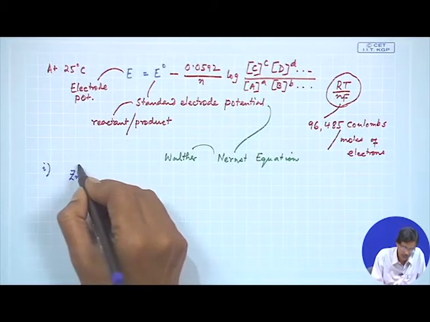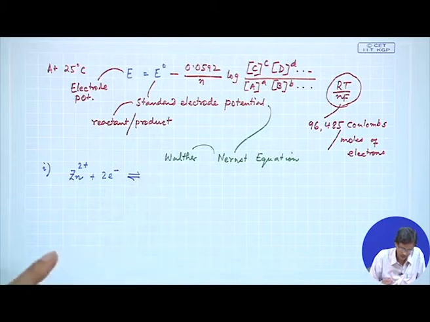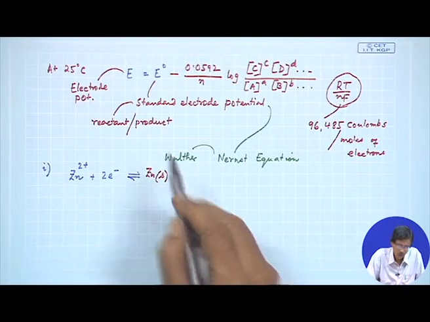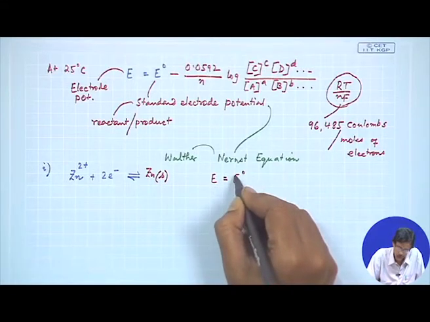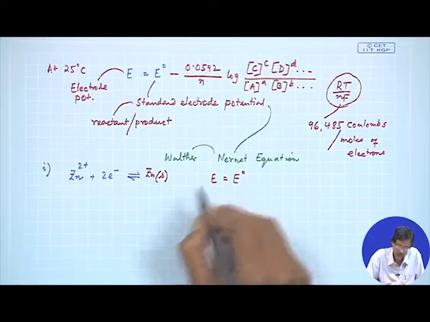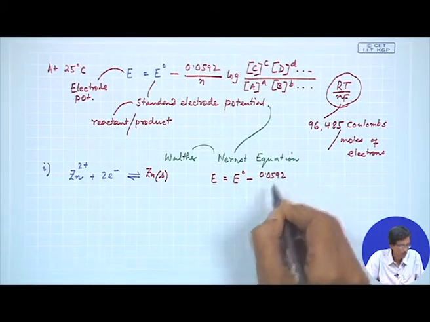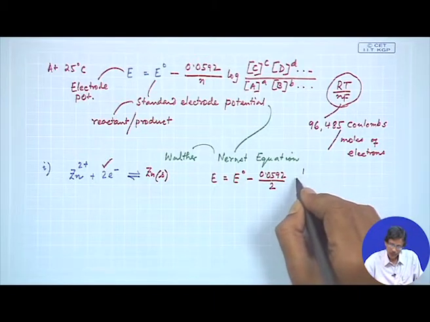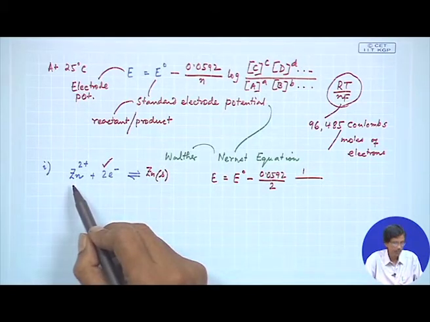Consider the reduction of zinc 2 plus, where the electron transfer number is 2, and those electrons give rise to the solid or metallic zinc, which we denote as S or Zn0.